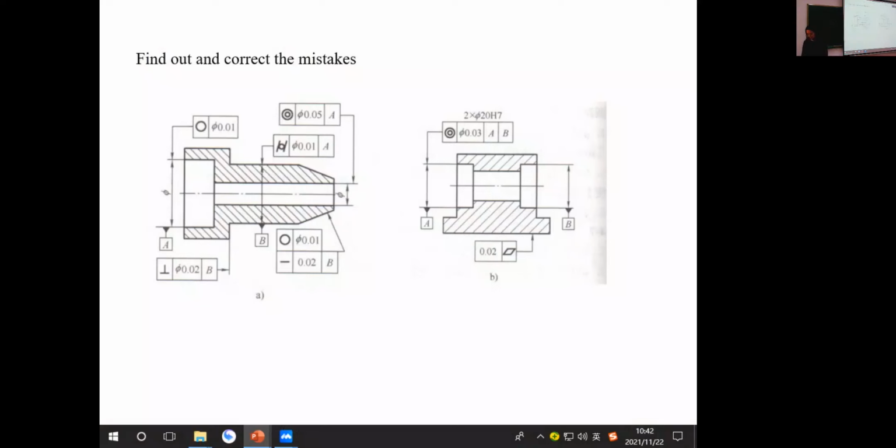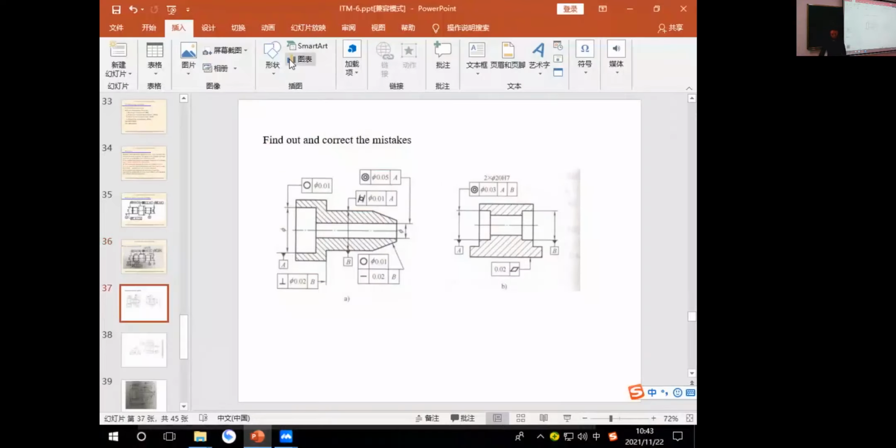Just check the book very carefully. PHI. What is the PHI?